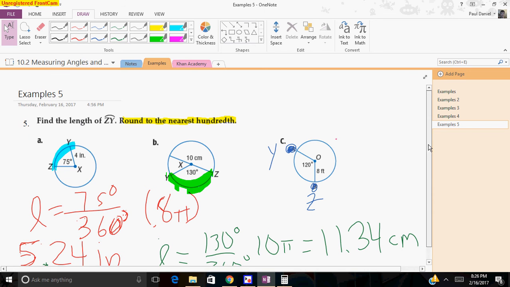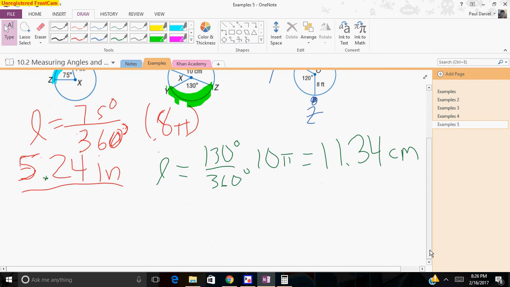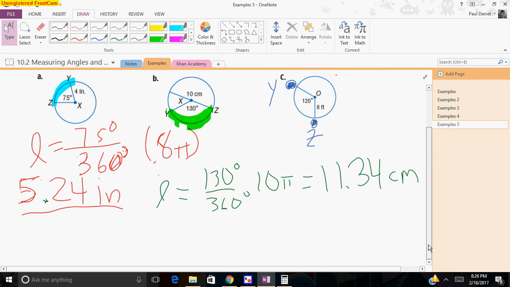Alright. Last example. Yay! Alright, we have for YZ, we know the angle. That angle is 120 degrees. So my arc length is 120 degrees over 360 degrees, and I need to multiply it by the circumference.